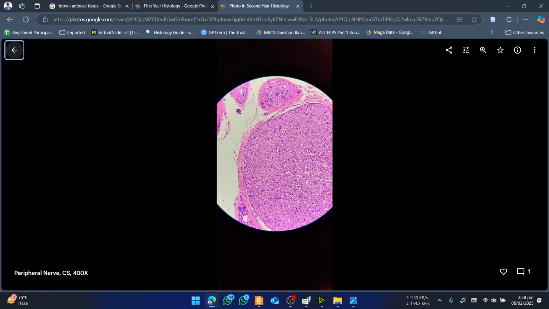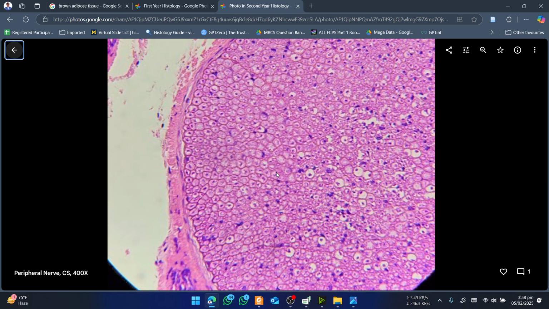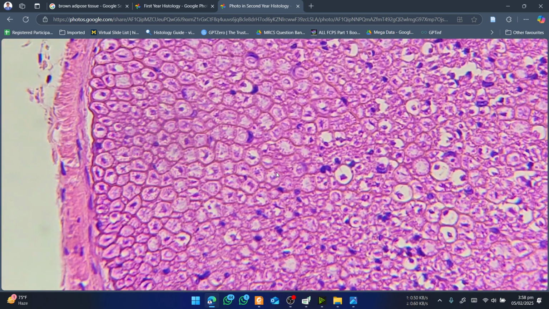In the cross section, the peripheral nerve consists of the axon in the center with its myelin sheath in the periphery. You will see a large number like this: axon in the center and myelin sheath in the periphery.